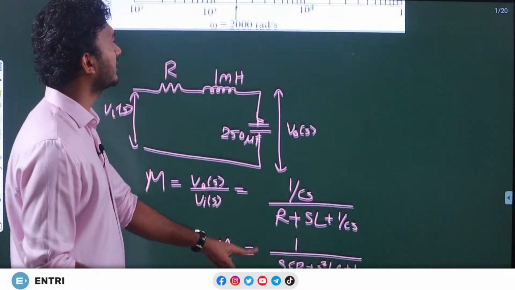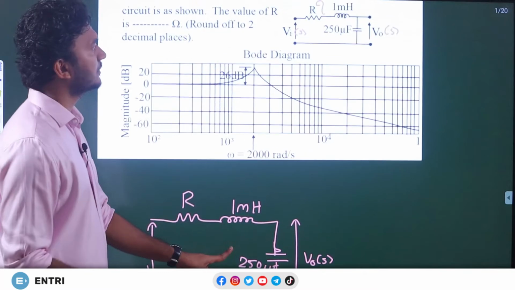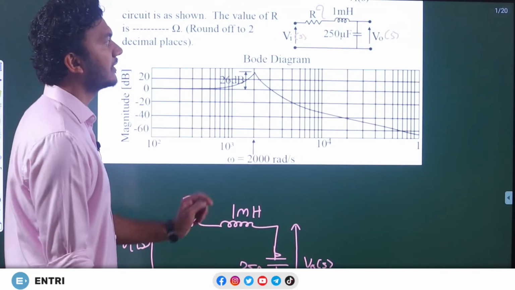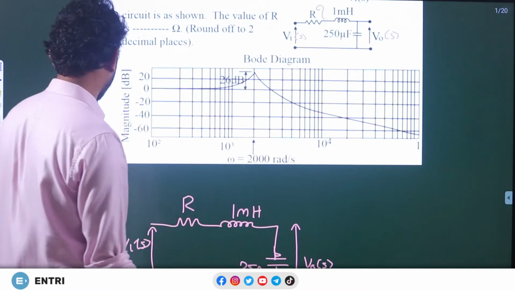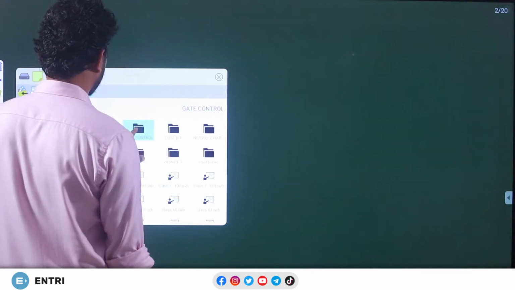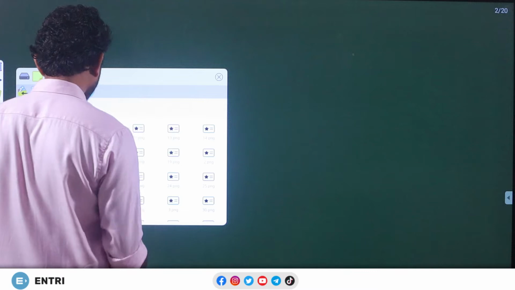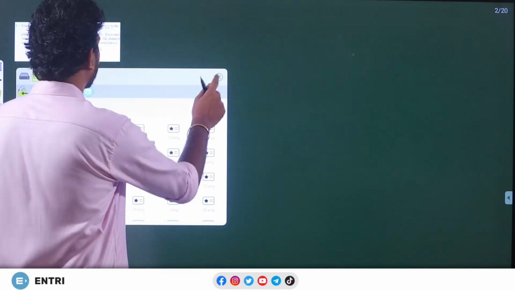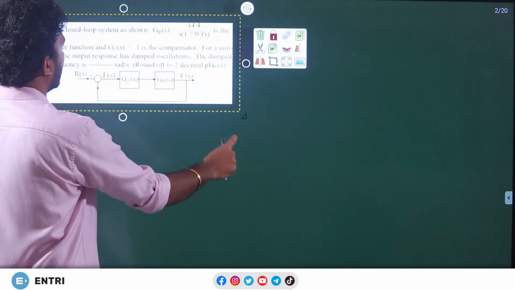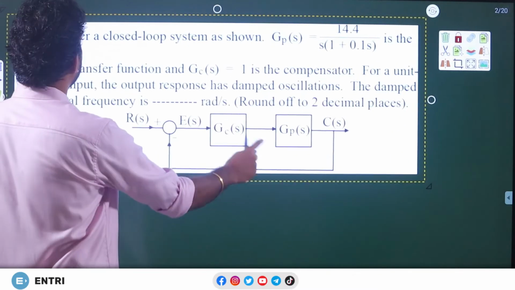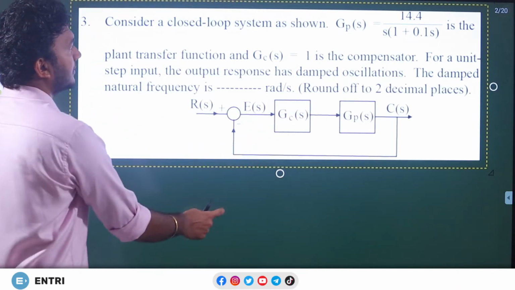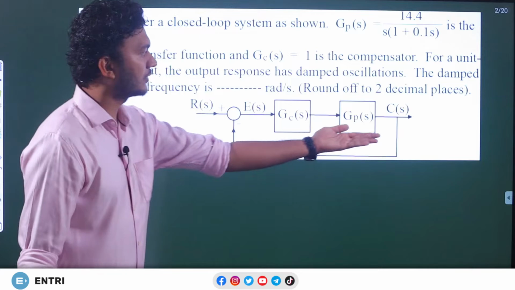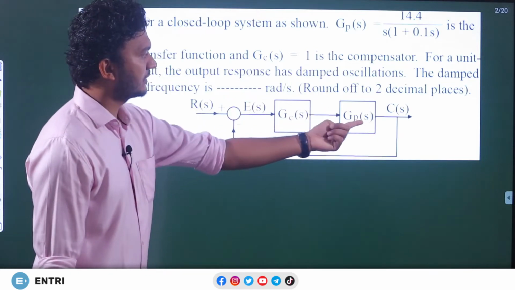It is again asked in 2021. So, this is a 2021 question. Consider a closed loop system as shown. This is a closed loop system. GP of s is given.